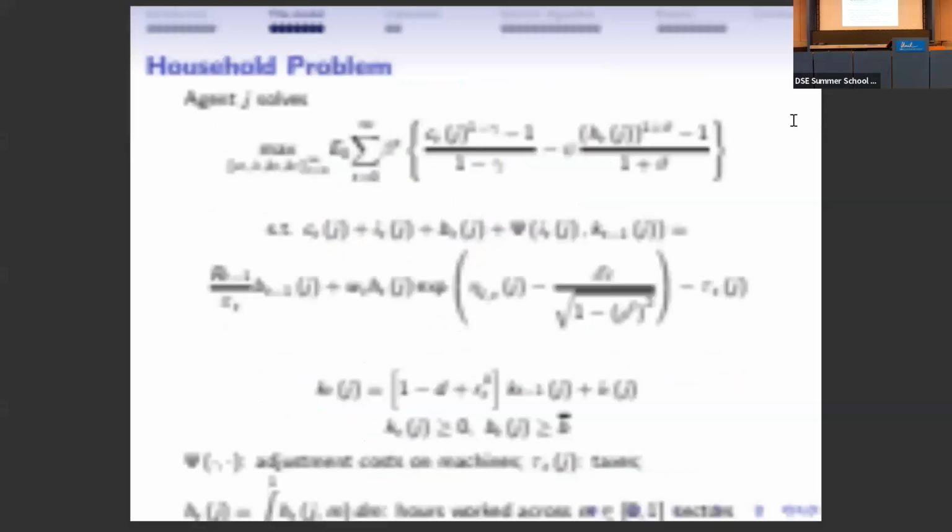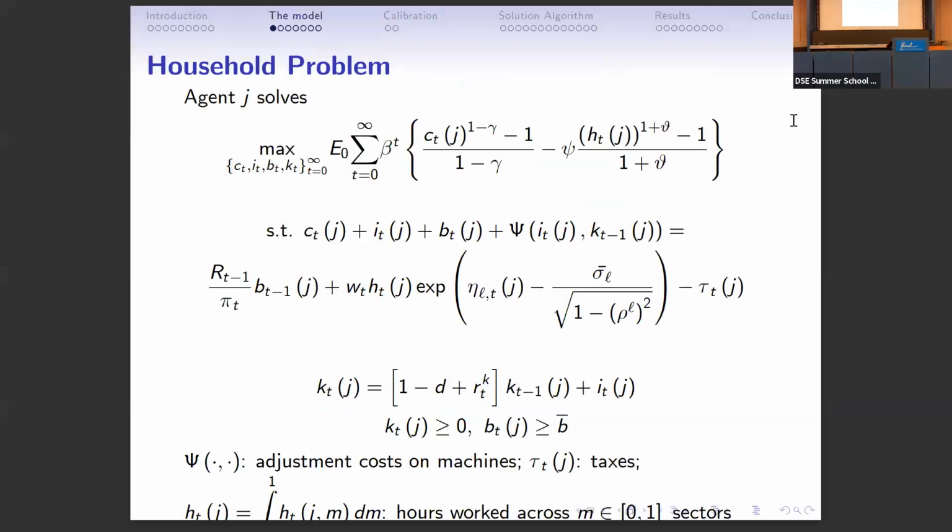Okay, so this is my model. Let me just mention a few equations. The agent maximizes a discounted sum of utility, which includes labor or leisure. We have two assets, bonds and physical capital.